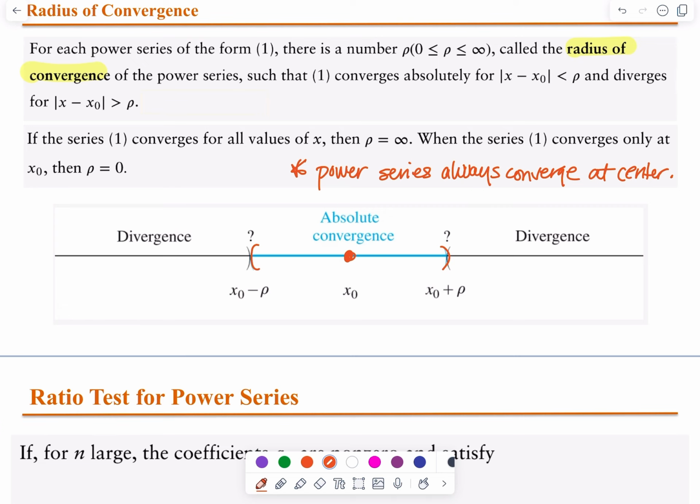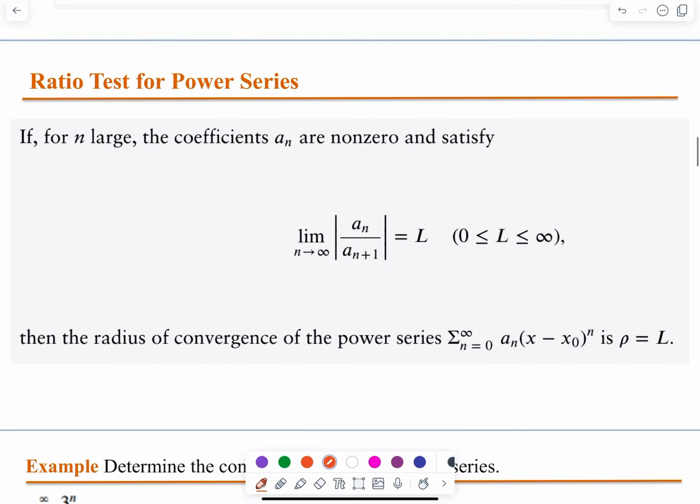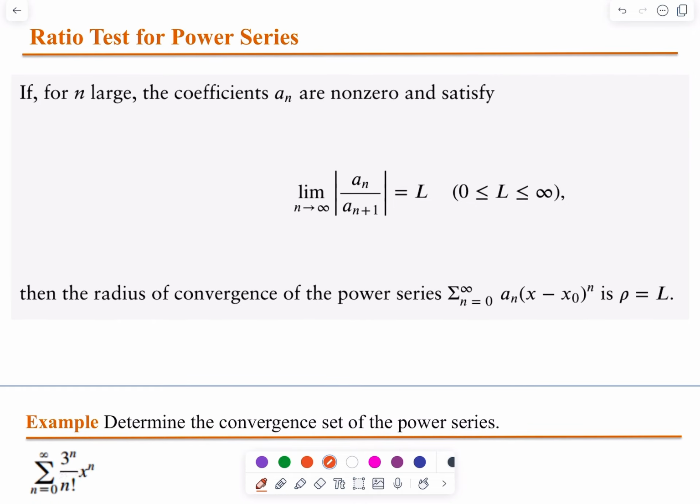Now, we're going to talk about the ratio test. And you may have seen a similar limit in the past, with a sub n and a sub n plus 1 in a different place. This is just a different definition, a little bit different than what you may have learned in calculus.